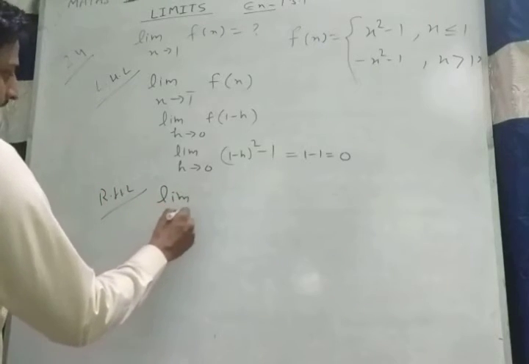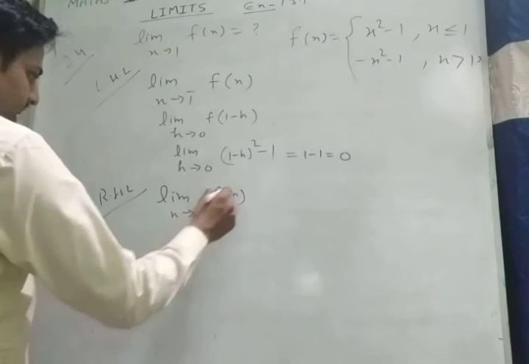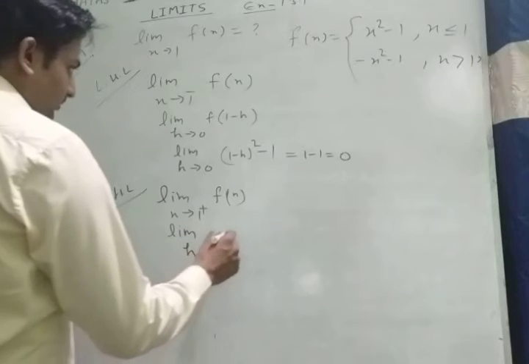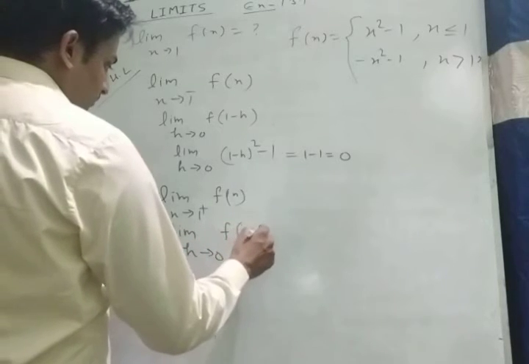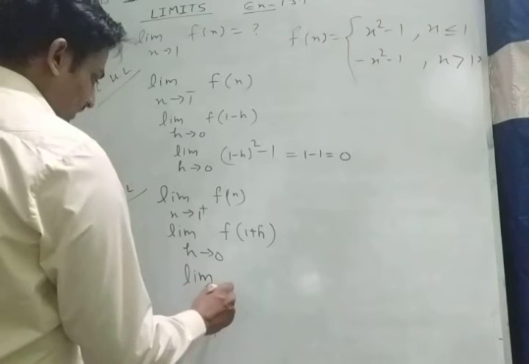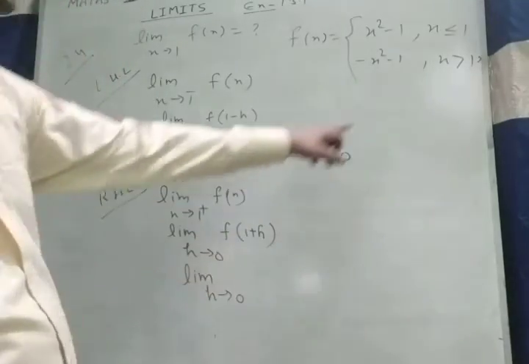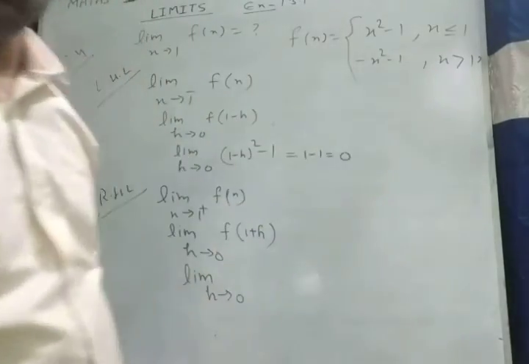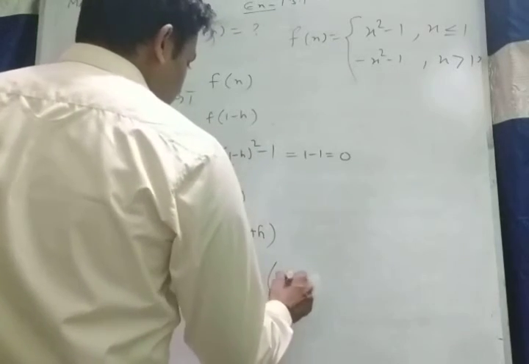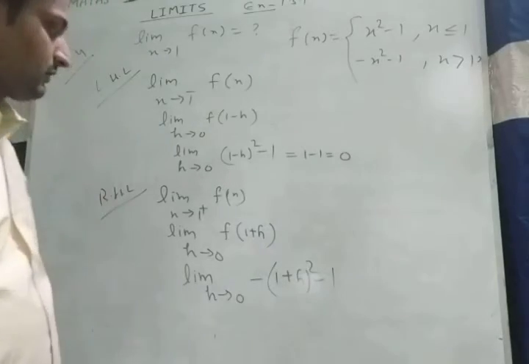Now right hand limit x tend to 1 plus f(x). Limit h tend to 0 f(1 plus h), and this is greater than 1, so minus (1 plus h) square minus 1.